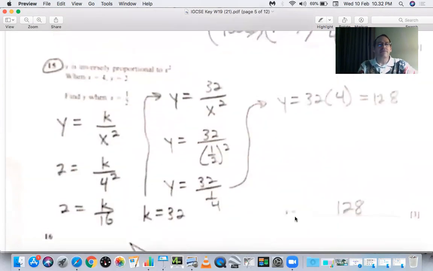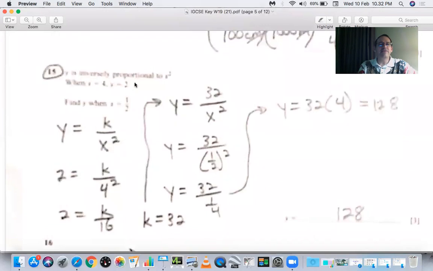Here on number 15, we have an inversely squared relationship. I know it's difficult to read. It's y is inversely proportional to x squared. So when you set it up inversely proportional, you divide the proportionality constant, which you have to provide, by what follows, in this case, the x squared.